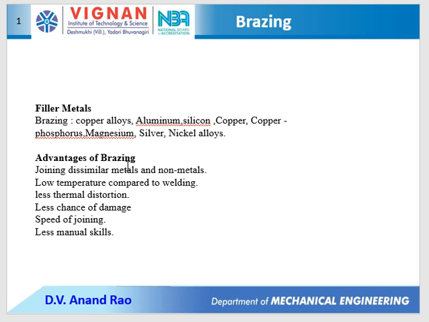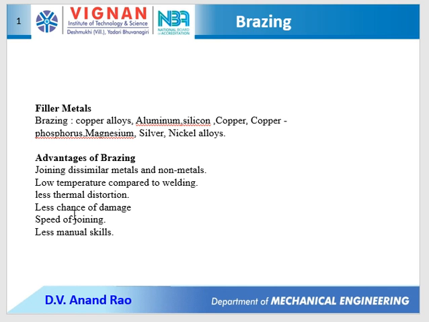These are the main alloying elements we can use while doing brazing process. And here these copper and aluminum will be alloyed with phosphorus, manganese, magnesium and silicon to improve the brazing properties.